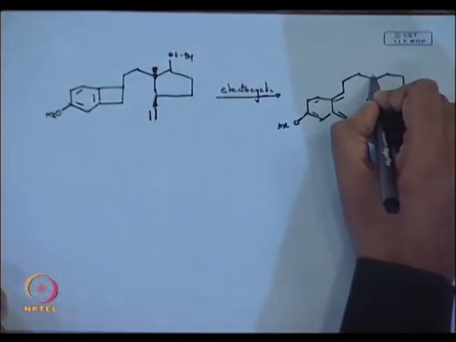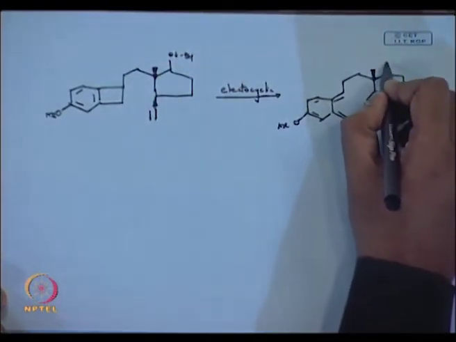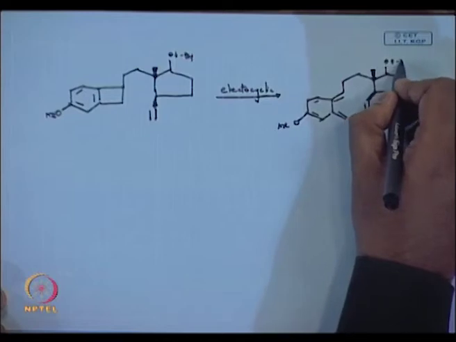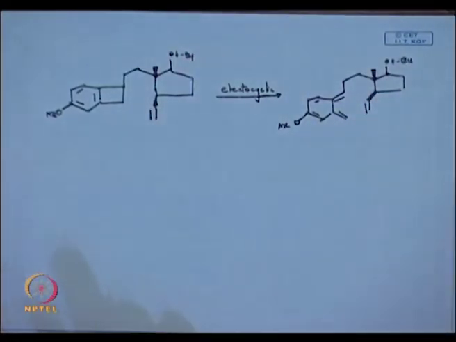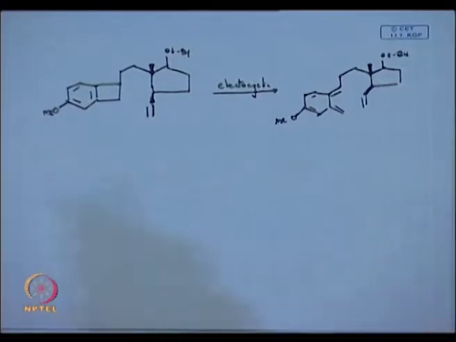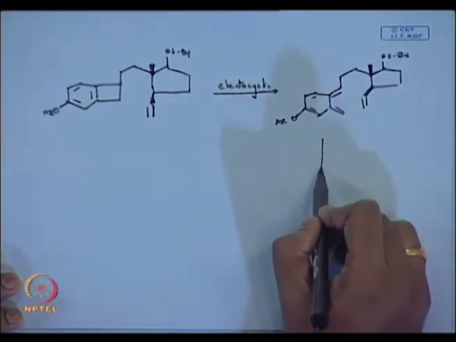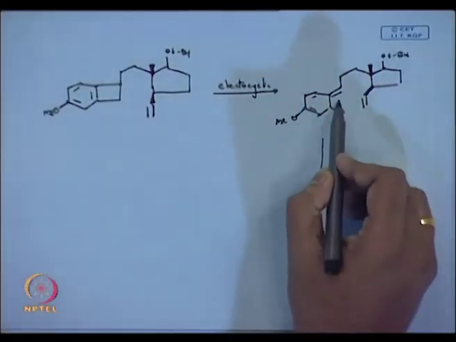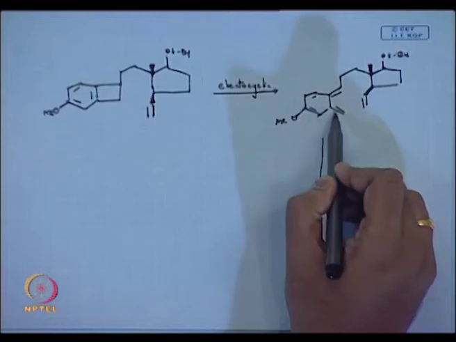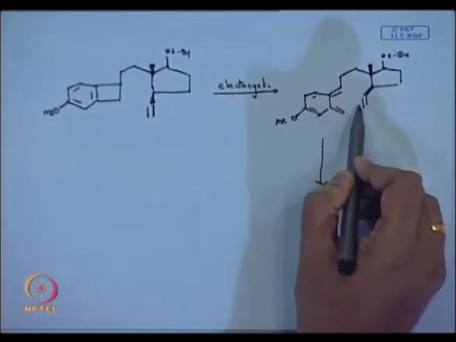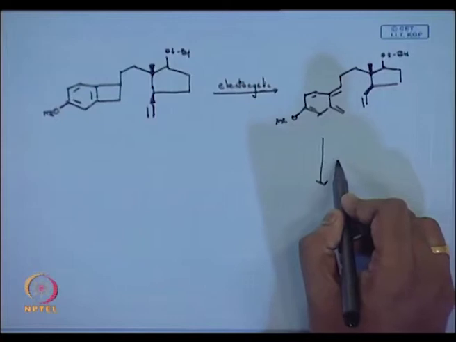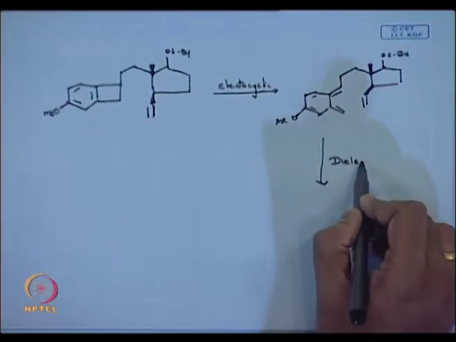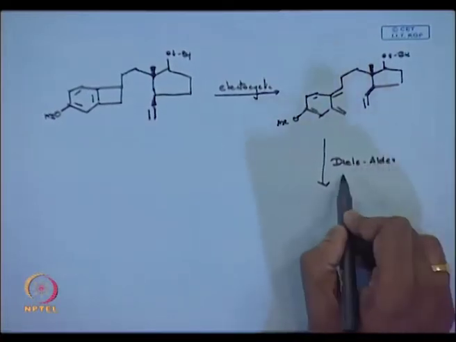Again, we have O, tertiary butyl. Now you can see you have a system which can undergo a type of Diels-Alder, because you have a very good diene system here and you have a dienophile, so it can undergo a nice Diels-Alder reaction.